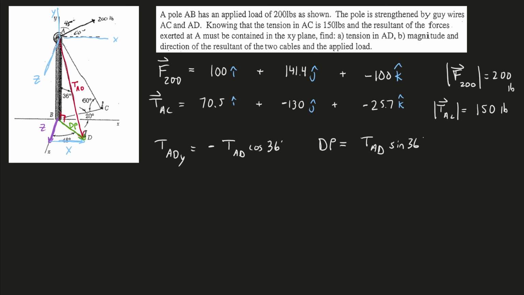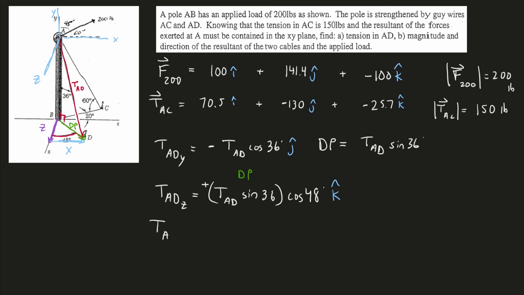So we'll go for the z component first, the adjacent, and that will equal the hypotenuse, that double projection, TAD sine of 36, times the cosine of our angle here, 48. And that purple line is pointing in the positive z direction, so it's going to be a positive k hat. And our y component was a negative j hat.